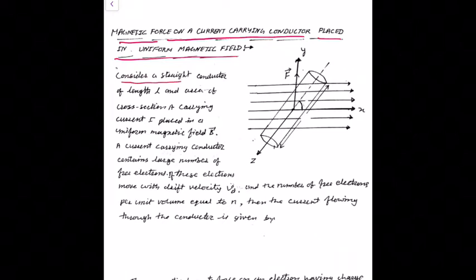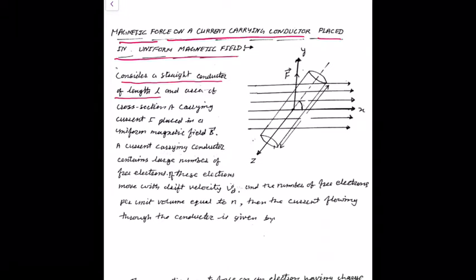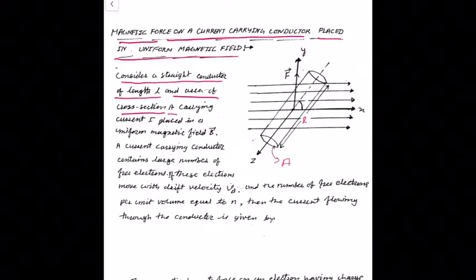In this topic, consider a straight conductor of length L and area of cross section capital A, carrying current I, placed in a uniform magnetic field B.